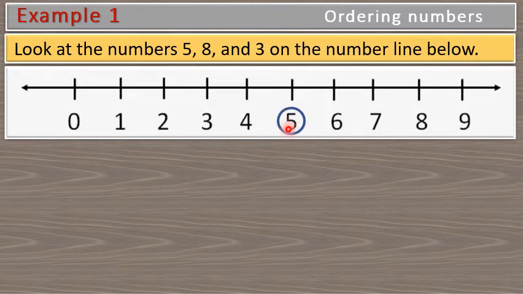And next we have to find the number 8. Number 8 is here, and number 3, it is here. So we have found the given numbers and marked those numbers.